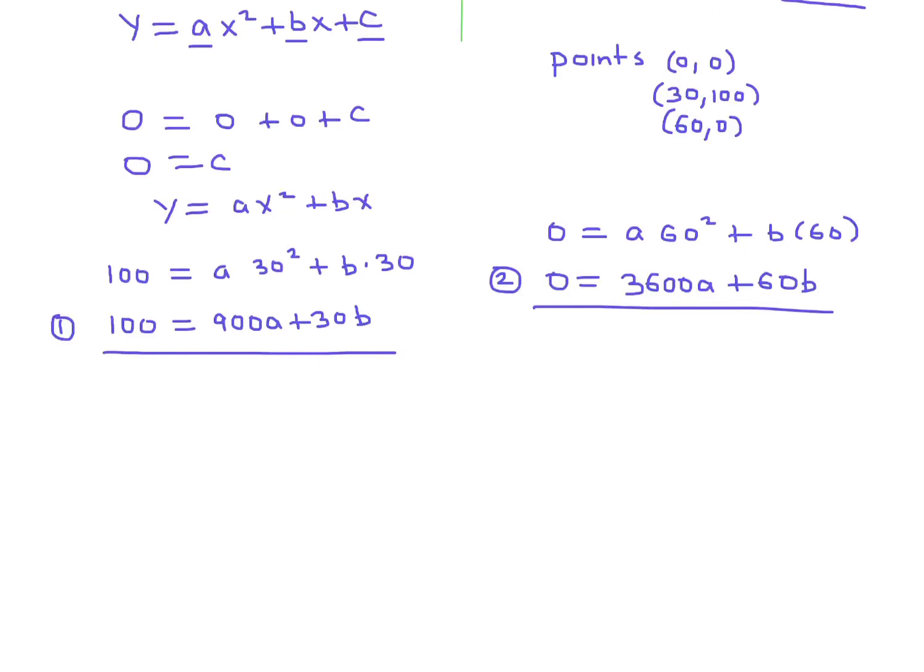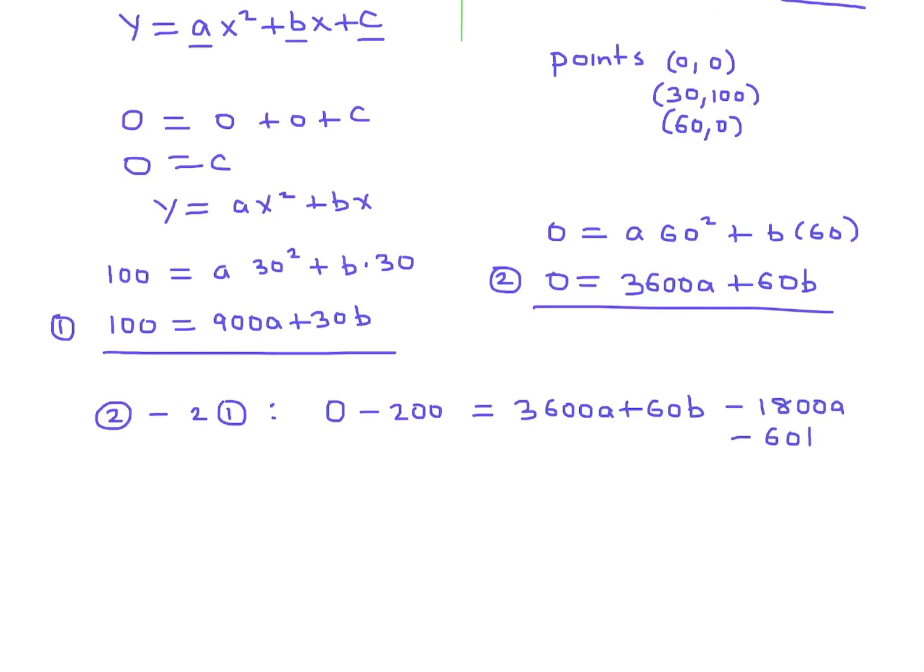And let's go with this. If I take equation 2 and subtract from it 2 times equation 1, I should be able to get rid of the b's. So on this side it will be 0 minus 200, and on this side it will be 3600a plus 60b minus 1800a minus 60b.